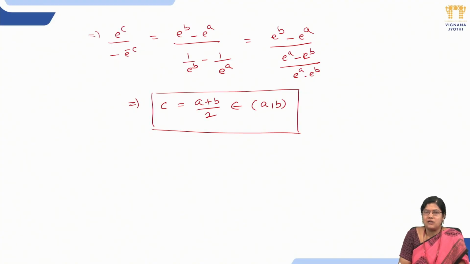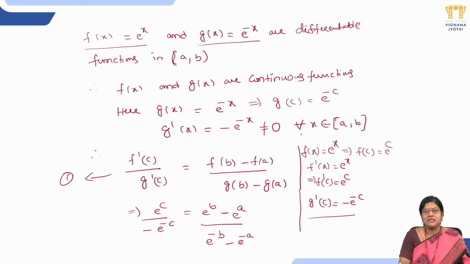The third condition of Cauchy's mean value theorem is g dash of x not equal to 0. Here g of x is e power minus x, so g dash of x, the derivative of g of x, will be equal to minus e power minus x. For all values of x in the given interval, g dash of x is not equal to 0. Therefore, f of x and g of x satisfy all the conditions of Cauchy's mean value theorem.